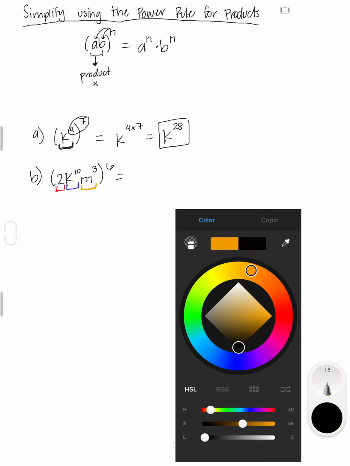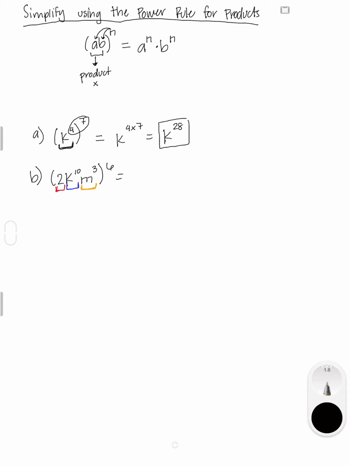So basically what's going to happen is that 6, that exponent 6 outside, will be applied to the 2, to the k to the 10th, and then the m to the 3rd. So the way this is going to look, it's going to be 2 to the 6th power times k^10 to the 6th power times m^3 to the 6th power.